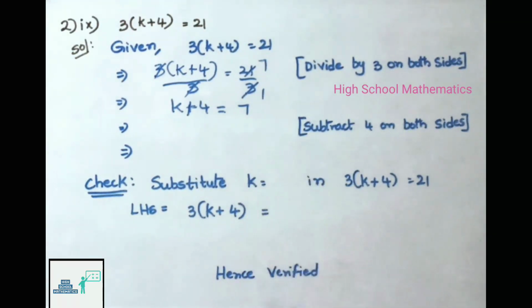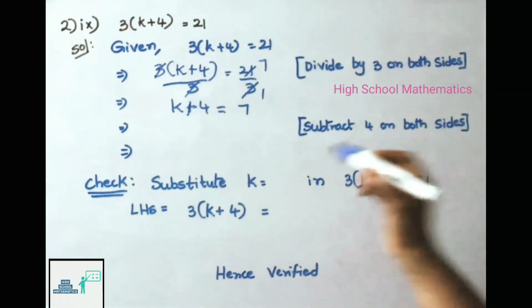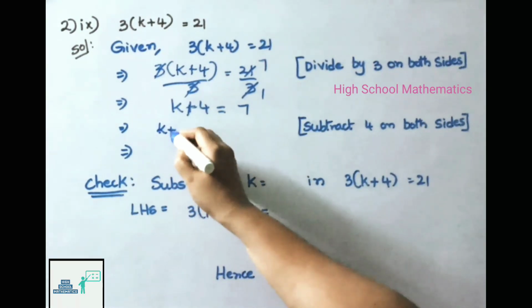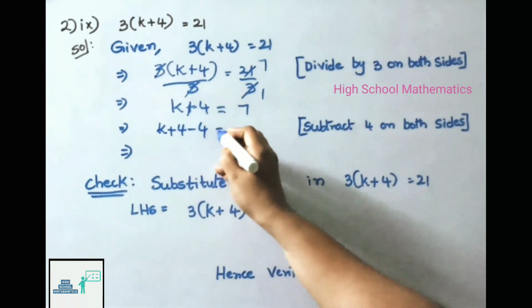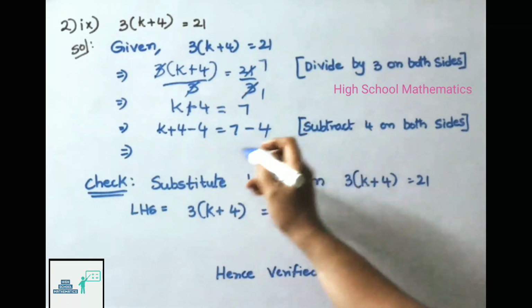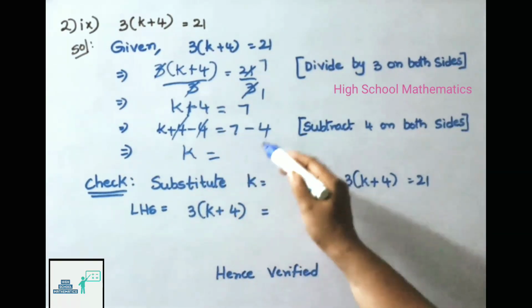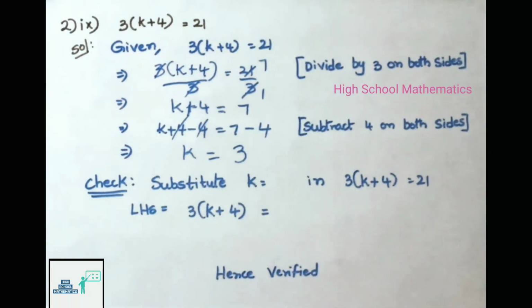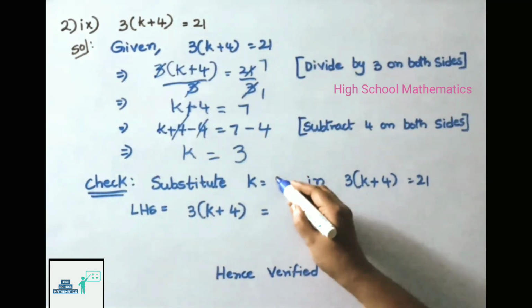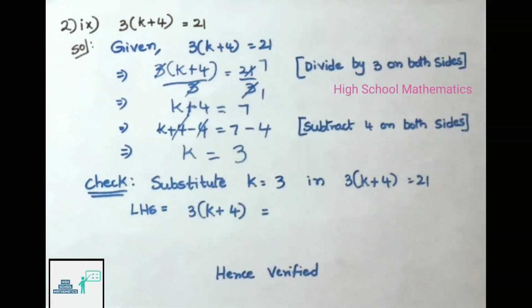To remove this 4, we are going to subtract 4 on both sides. So write down k plus 4 minus 4 equals 7 minus 4. Plus 4 minus 4 cancel, write down here k equals 7 minus 4 is 3. Therefore, we got k value equals 3. Now let us check our result. Substitute k equals 3 in the given equation 3 into k plus 4 equal to 21.